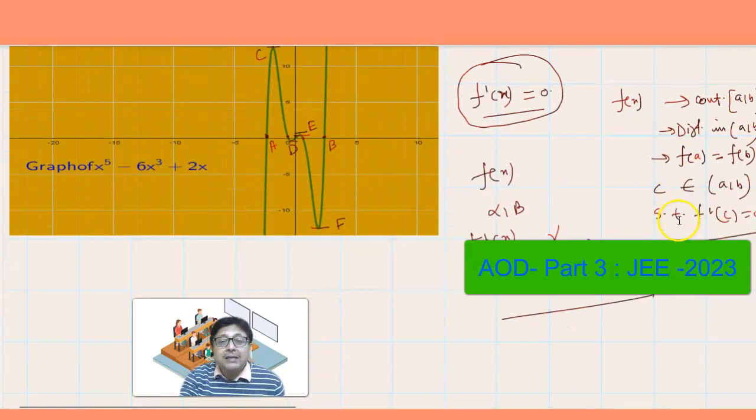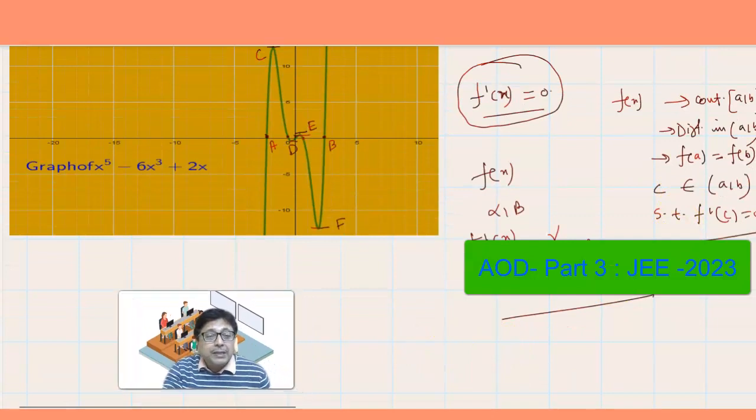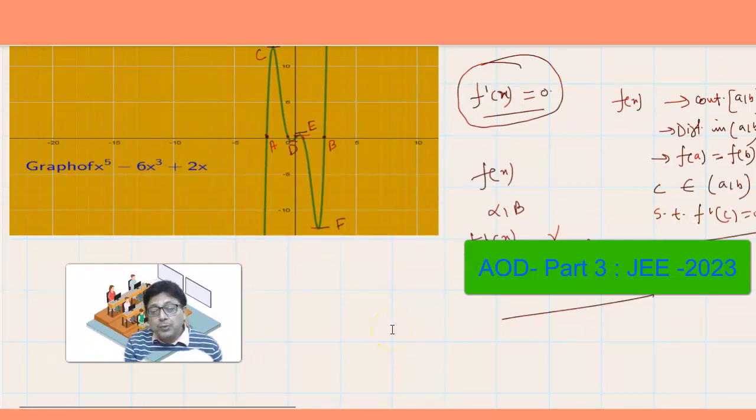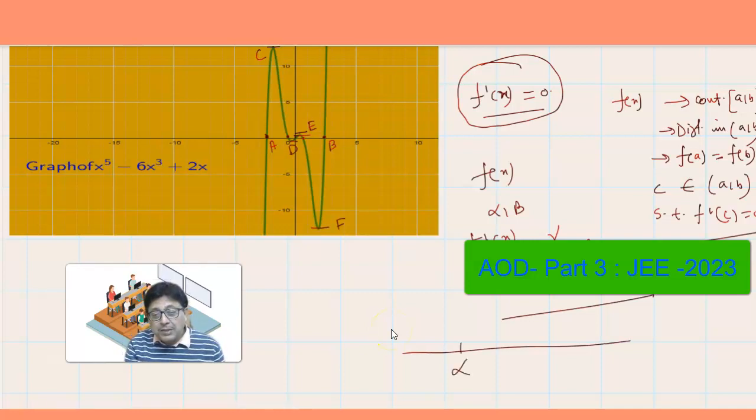Or one can say that if there are two consecutive roots of the polynomial fx, say alpha and beta, then according to Rolle's theorem, there is a root gamma where f dash x equal to 0. Gamma is the root of f dash x equal to 0 only.